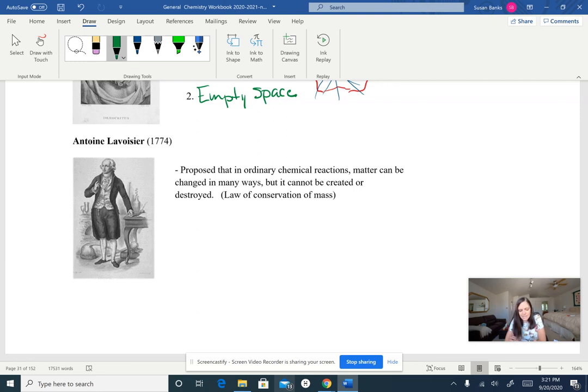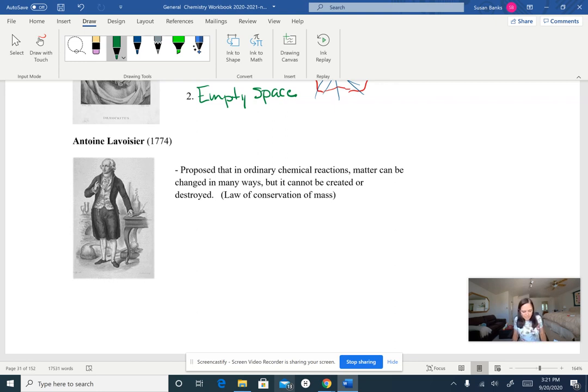And Antoine Lavoisier was a very rich guy, and he got his wealth by marrying a very rich lady. Now, in those days, money usually didn't come with women. So he married well, which was usually the other way around. Women were usually expected to marry well. And he used her money to do a whole bunch of experiments.